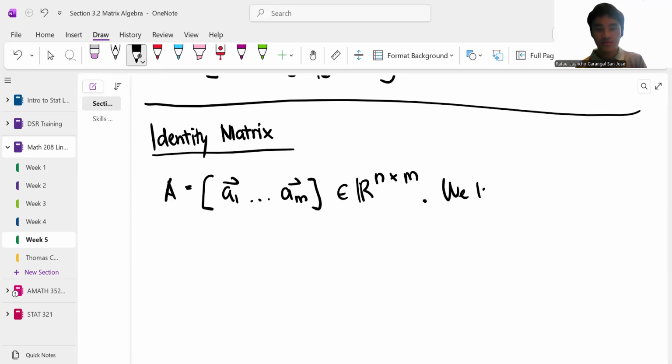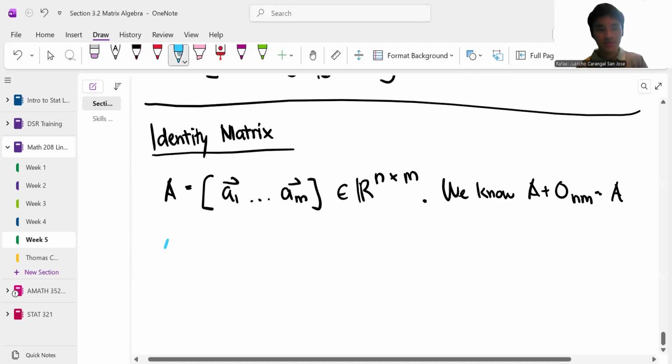We know that A plus the zero matrix of size n by m is the same thing as A, by additive identity, right? So that's the buzzword, additive identity.